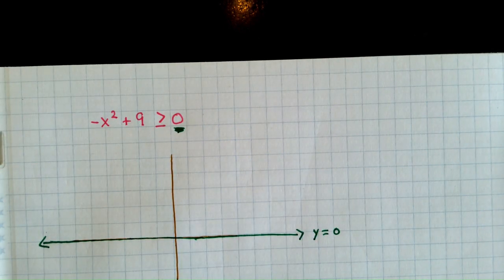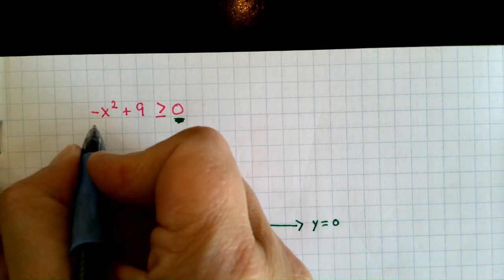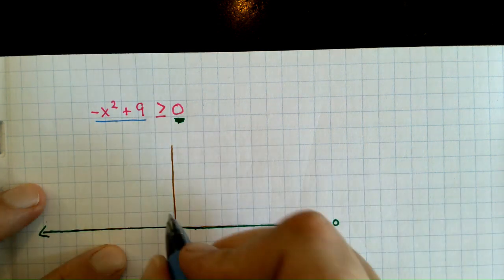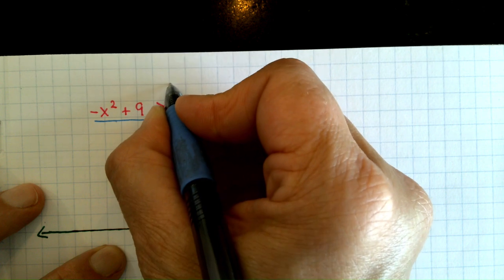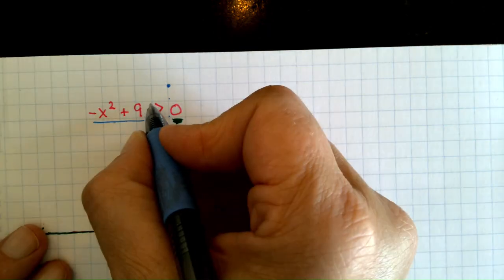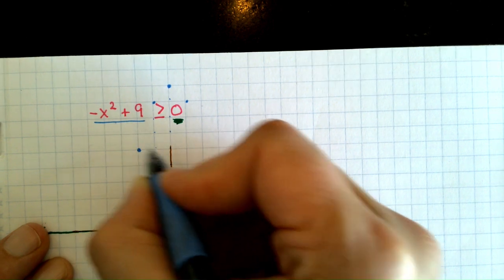So keep that in mind, that y equals 0 is technically the x-axis. And here we have a parabola. 1, 2, 3, 4, 5, 6, 7, 8, 9.